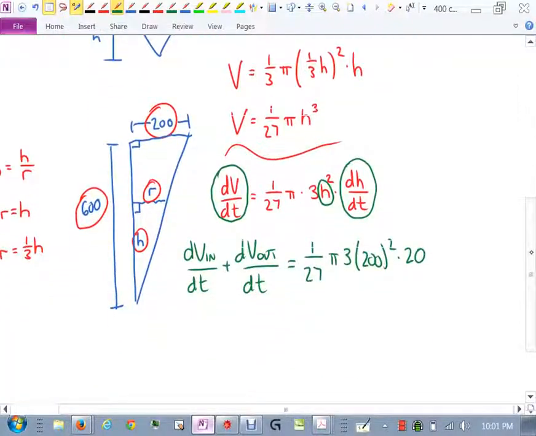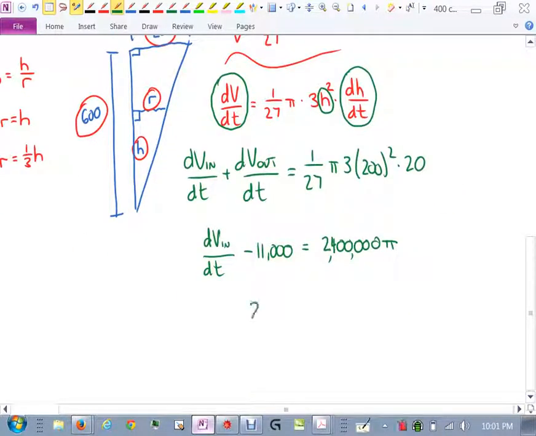This was dV in/dt plus, now remember, dV out was negative 11,000, equals this side, which is a really big number, 2,400,000 pi. Then add 11,000 to both sides.